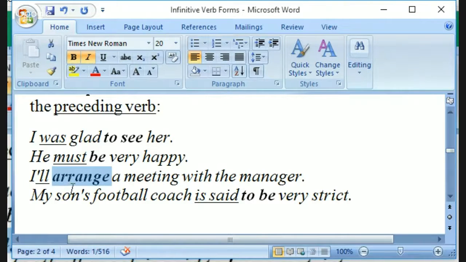So what is the difference here between future simple tense and the idea that this is will with an infinitive? Nothing. They're exactly the same. They are one and the same. You could think of it in either way. The function is still the same.